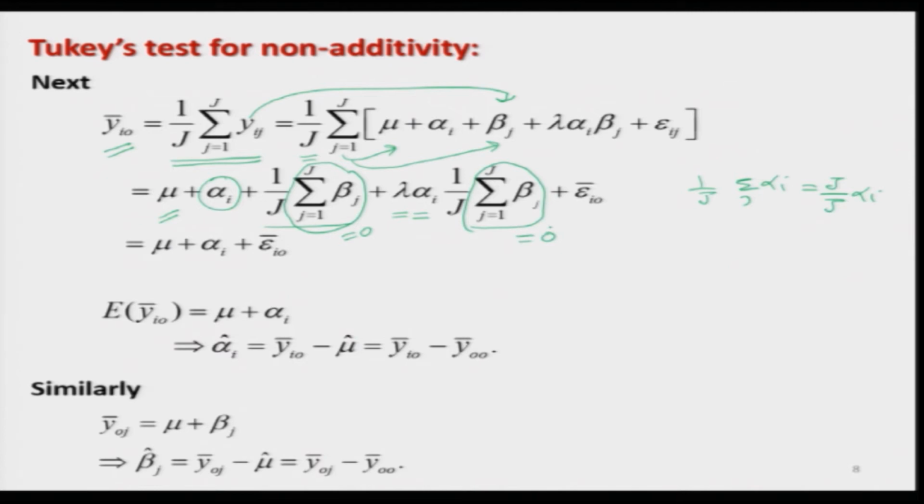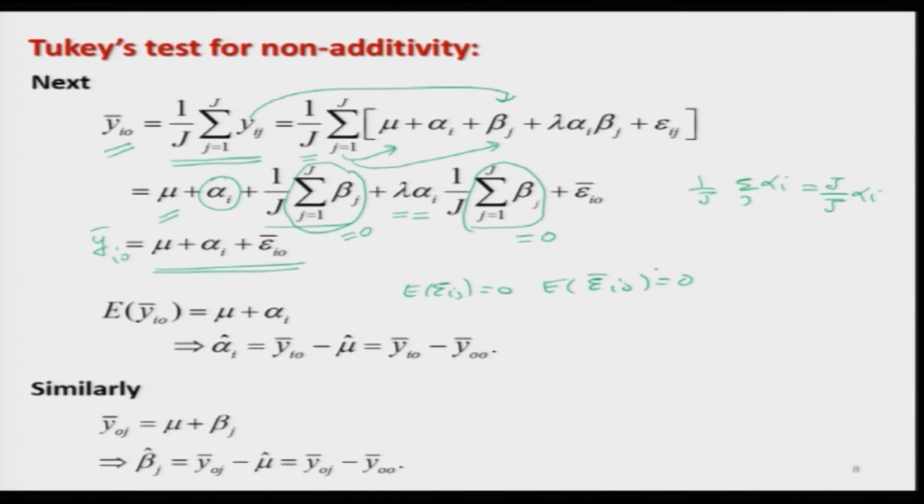So this term also becomes equal to 0, and you have y bar I naught is equal to mu plus alpha I plus epsilon bar I naught, right. If you now take the expectation on both the sides, since the expected value of epsilon I j is equal to 0, the expected value of epsilon bar I naught will also be equal to 0, no problem in understanding this.